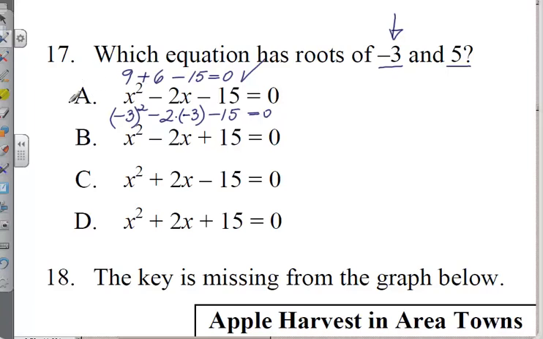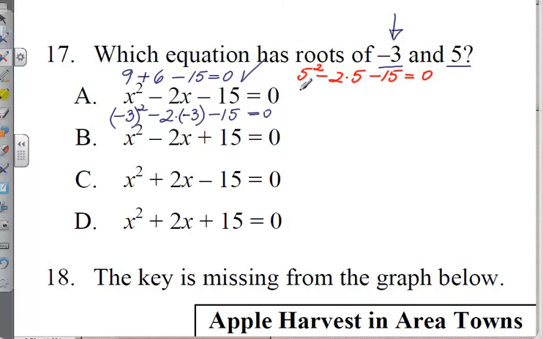Now, do not rush to say, hey, A is the answer yet, because you still have to check if 5 verifies this quadratic equation. And in order for me to find out, I'm going to substitute that 5 instead of x into my equation. And I will have what? 5 squared minus 2 times 5 minus 15 equals 0.